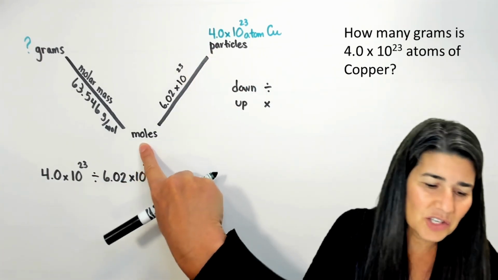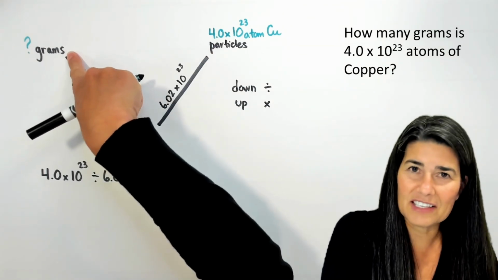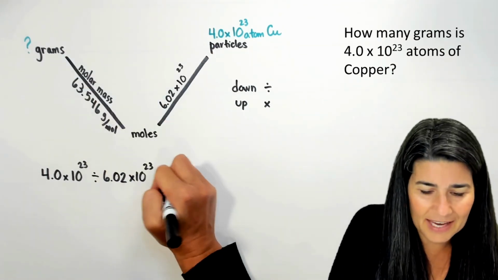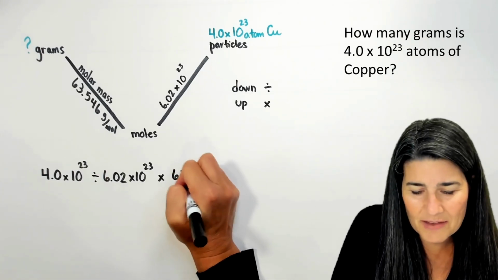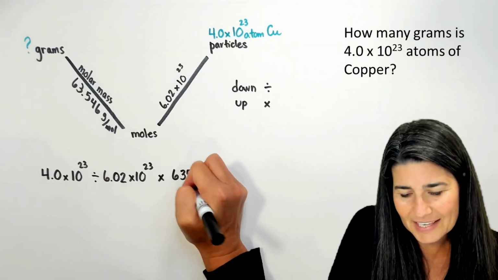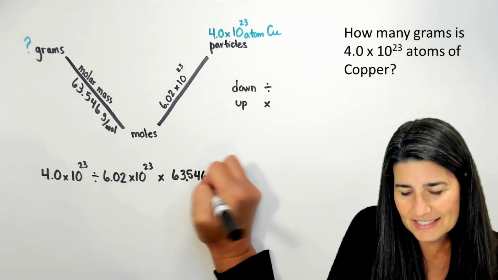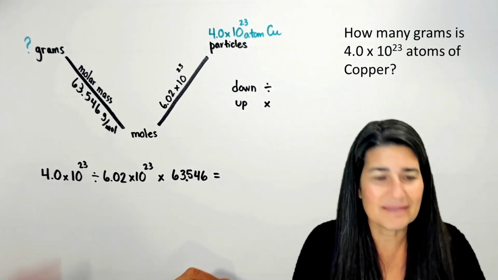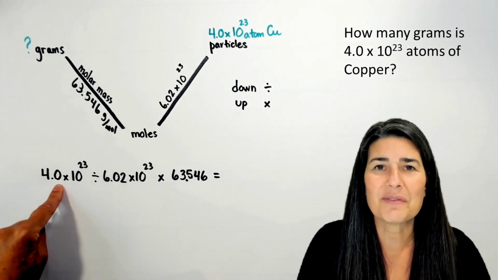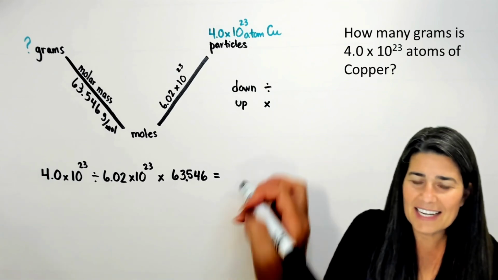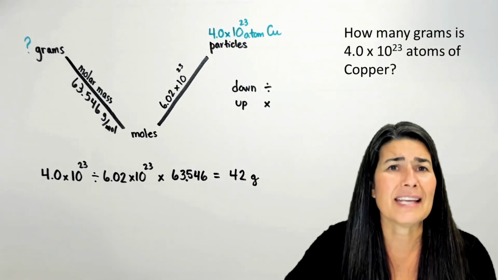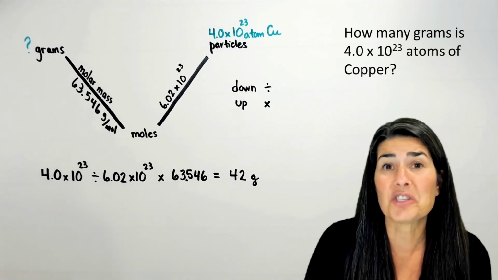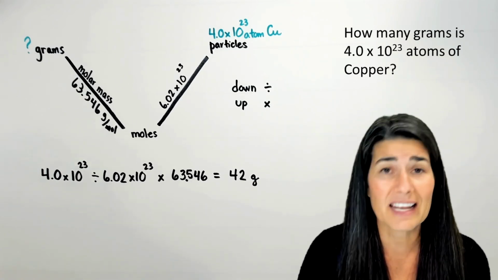The next thing we need to do is go up this line to get to grams. Going up a line, we just multiply by the molar mass of 63.546. If you do that and keep 2 sig figs in your answer, you get 42 grams. Super fast, super great trick if you just want an immediate answer.